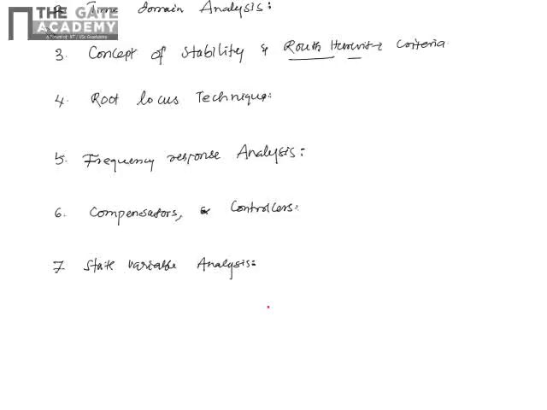Then root locus or time domain analysis. Sometimes RH criteria, they're asking questions. And state variable analysis, 1 question will be there, must. So this is the overview and the importance of the subject in the GATE exam.